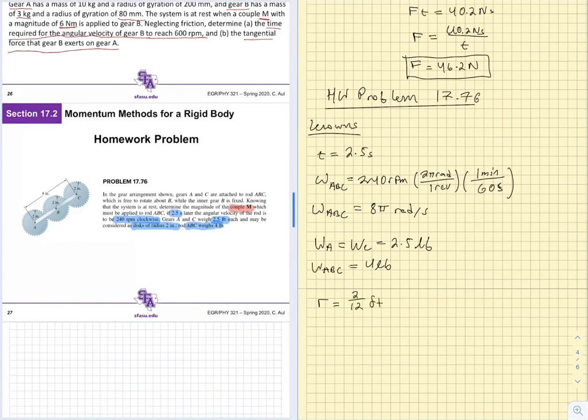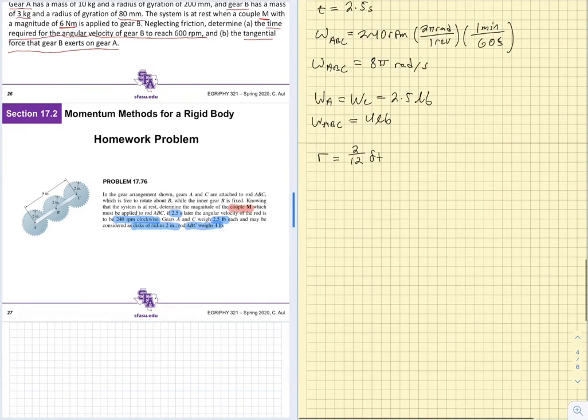The other things that it gives us here are the masses, or in a sense we can find the mass. We know the weight of A is equal to the weight of C is equal to 2.5 pounds, and the weight of ABC is equal to 4 pounds. Then we have the disc radius R, which we'll put in feet, so 2 over 12 foot.